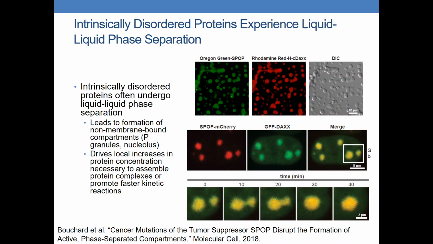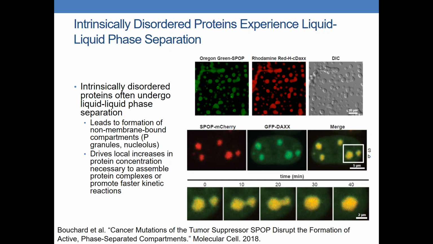There's another cool feature of intrinsically disordered proteins as well, and it is that they actually undergo something that's referred to as liquid-liquid phase separation. This is something that until about 10 or 15 years ago was just crazy.